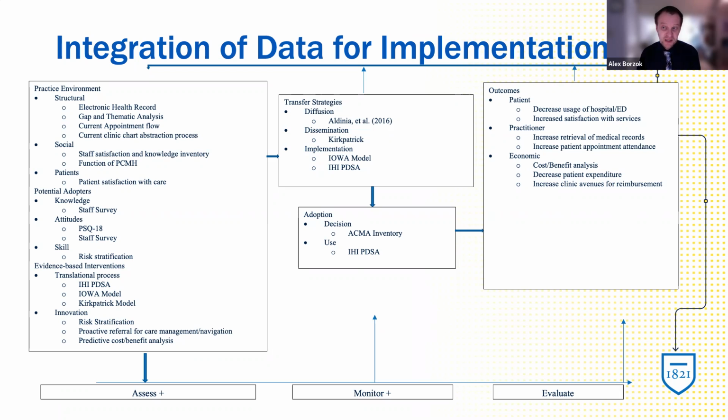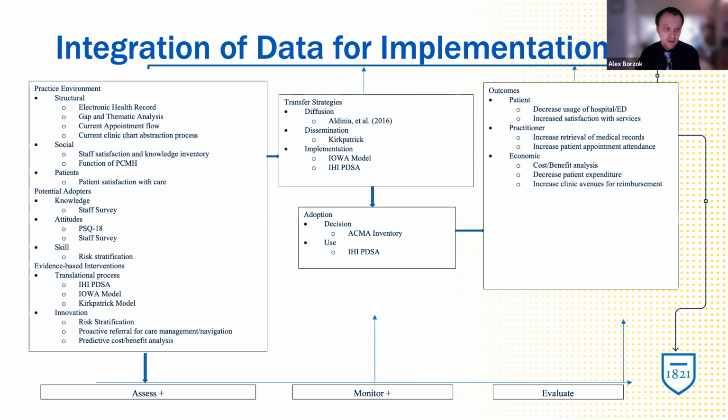It's not going to change compliance. It's not going to change patient behavior as well. So that's an important factor to do. And this all also gets incorporated within potential adopters about the staff knowledge and patient knowledge and attitudes as well.